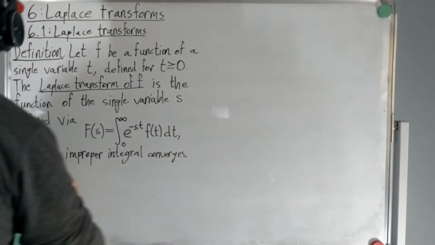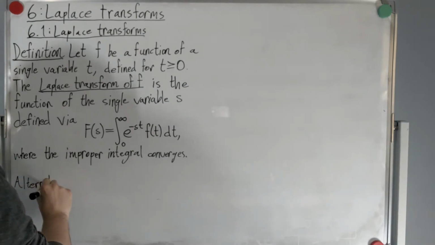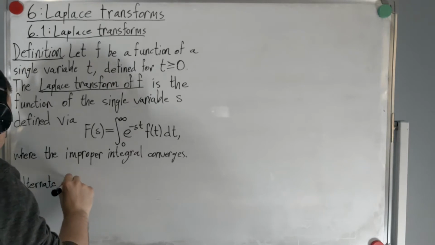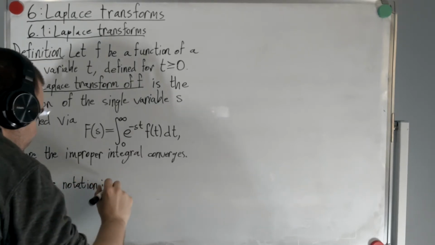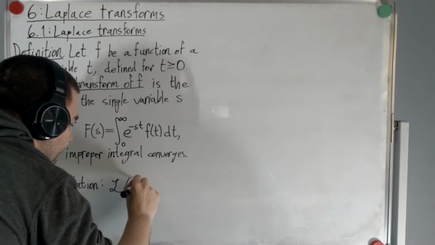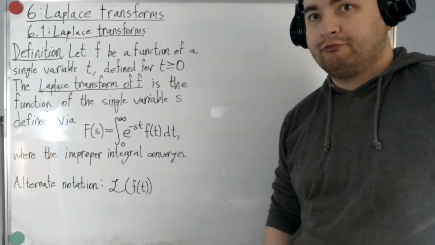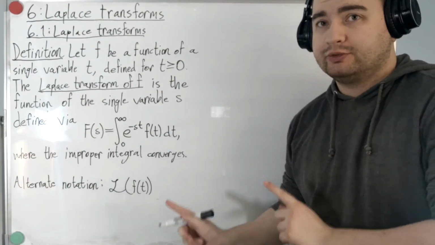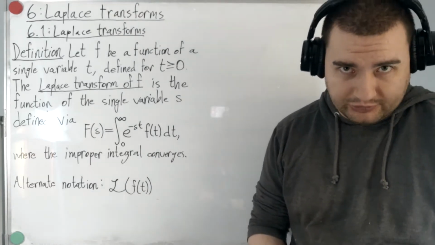Okay, so an alternate notation, which we will also use, is script L of f of t. Now, this notation comes with a disadvantage, which is why it's not the only notation we're going to use.